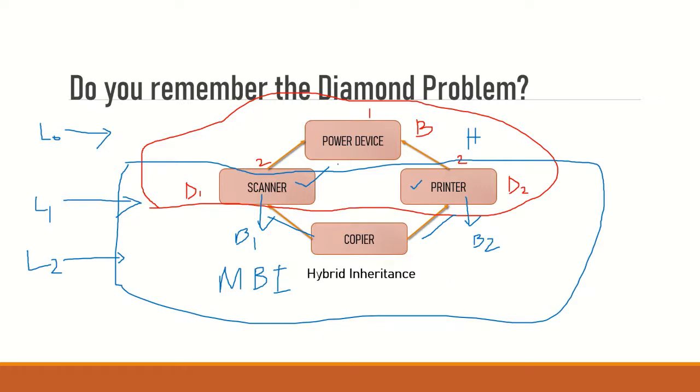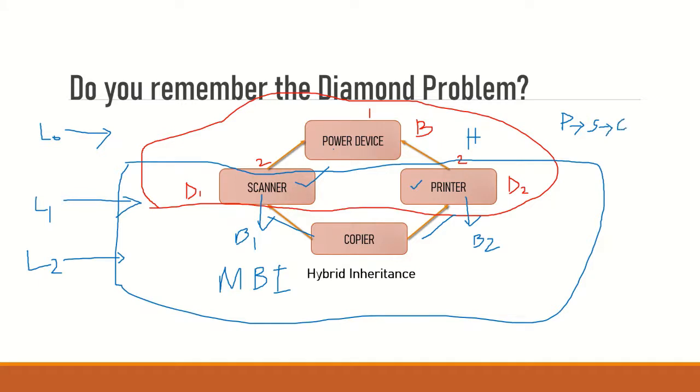Look at the issue here. Multiple copies of power device will be available for copier. Why multiple copies? Look at the path. The first path has the power device class, which is further derived to the scanner class, then further derived to the copier class.